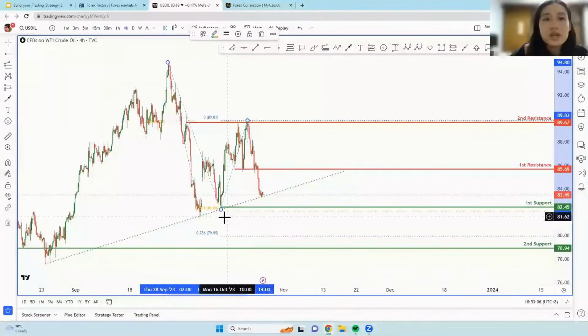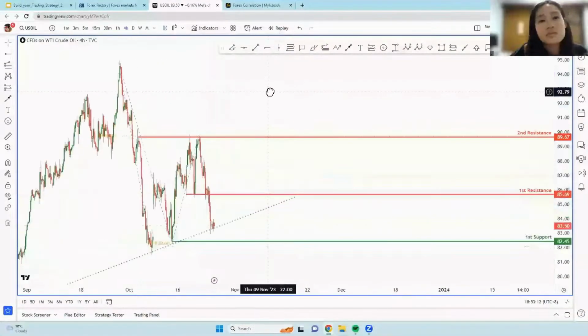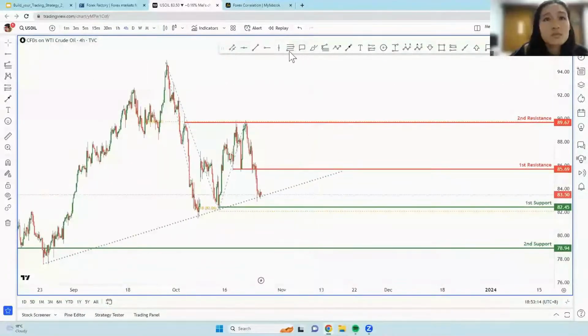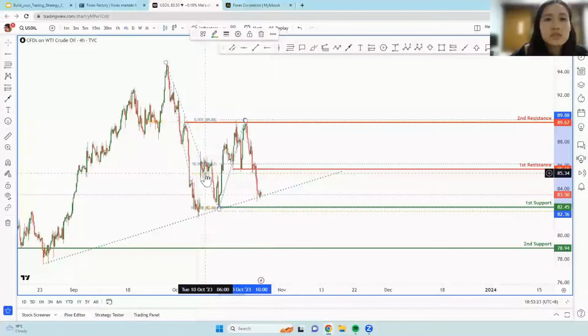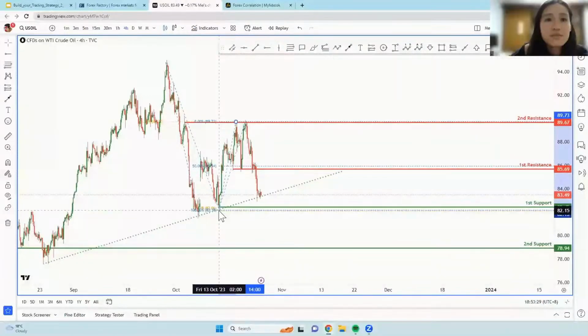And my 61.8 also lines up nicely. Then I'm looking for another retracement, and I can see my 50% lines up with my first resistance.